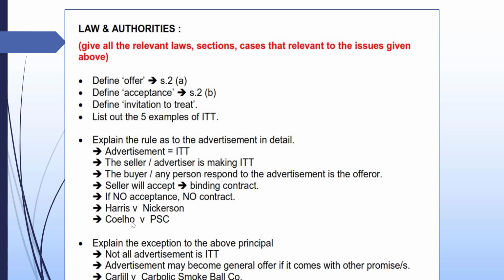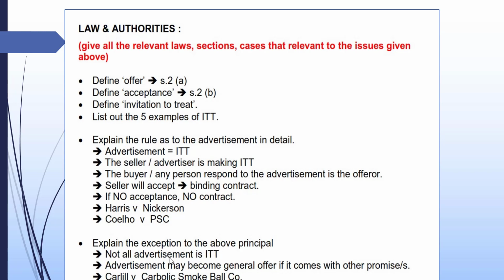And then you have to give 2 example cases. You have to explain in detail about these cases. All these are available in the textbook, right? The facts of the case, the held, everything you must give in detail. And then lastly, you have to explain the exception to the advertisement, where the advertisement may become a general offer, right?